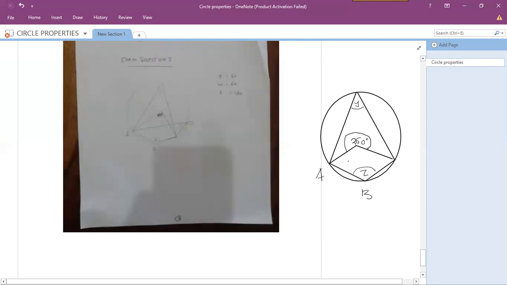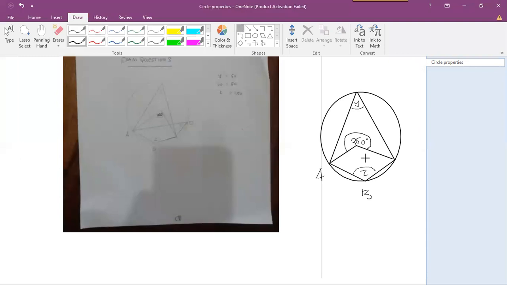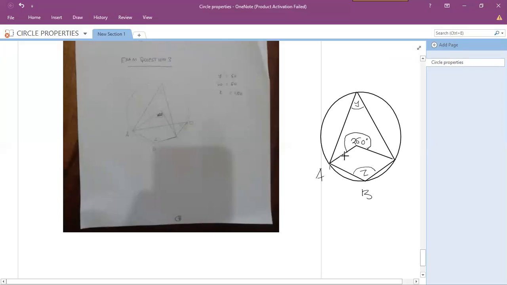Then they've added another angle here, and they have called it W, passing through like that, and just extend it to there. Actually, can't I?